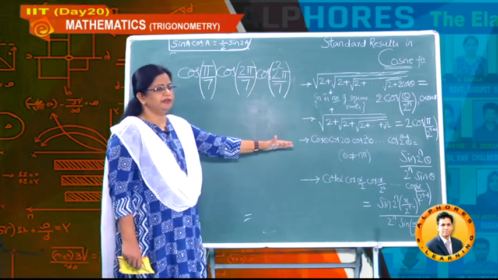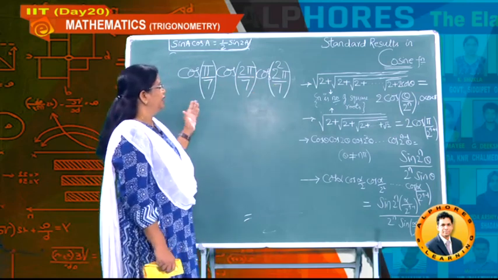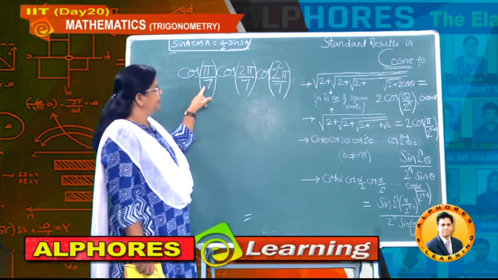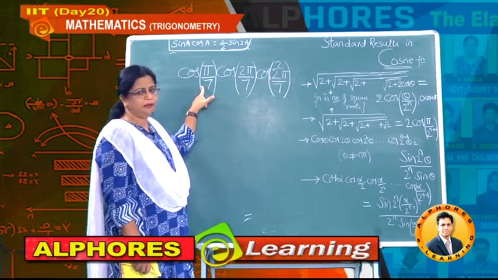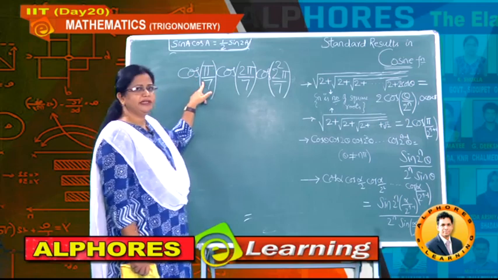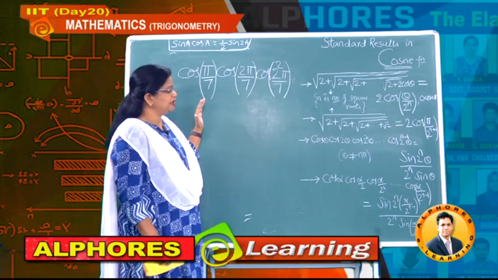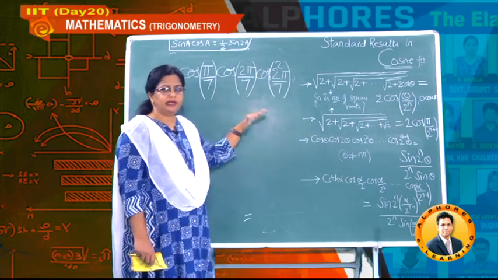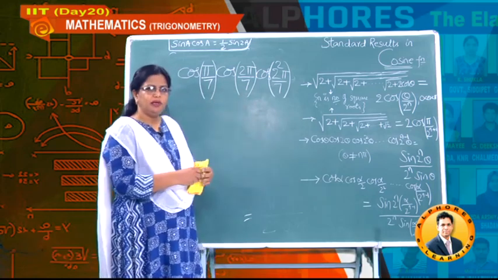Now you can make use of simply this formula. There is no need of starting the procedure, that is multiply and divide by the least angle, here pi by 7, so 1 by 2 sine pi by 7, etc. No need, just observe the standard result, compare whether all suitable conditions exist, then you can proceed.